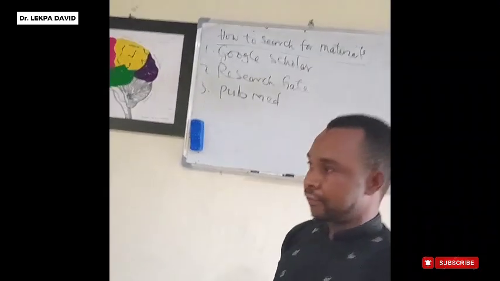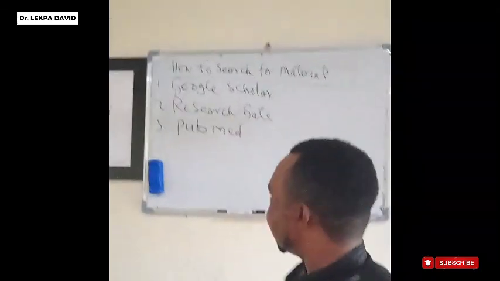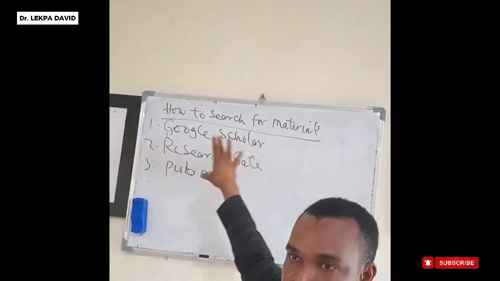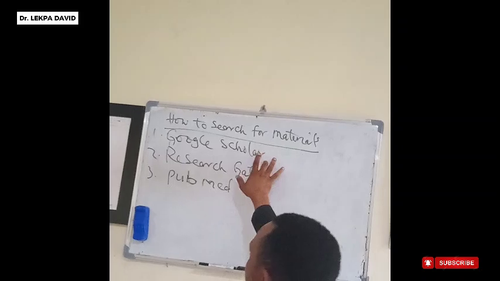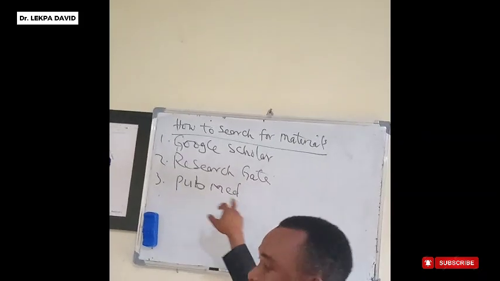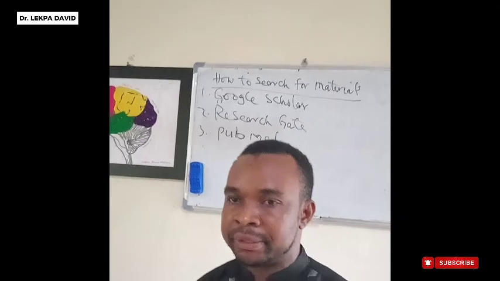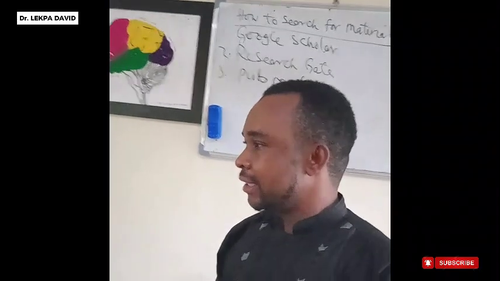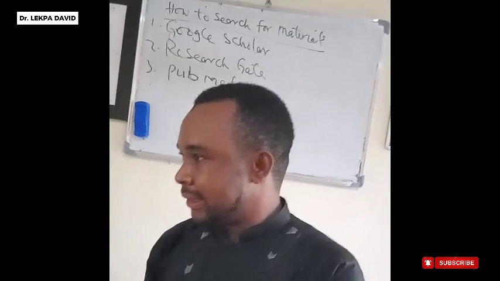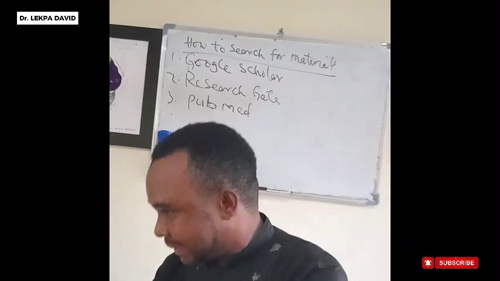For the sake of undergraduates in this class, I will stick to these three. There's no way you go to Google Scholar, ResearchGate, and PubMed that you will not see enough materials related to your topic. And when you are putting your topic, you don't put it the way it is, because nobody has it exactly the way it is.